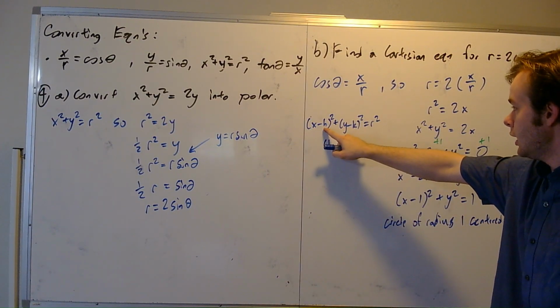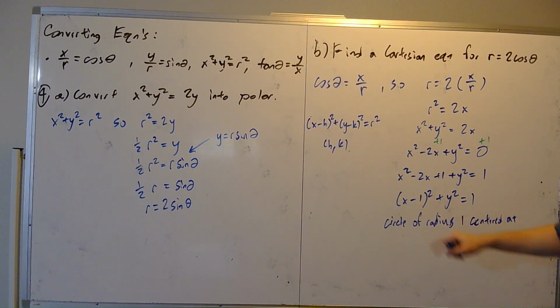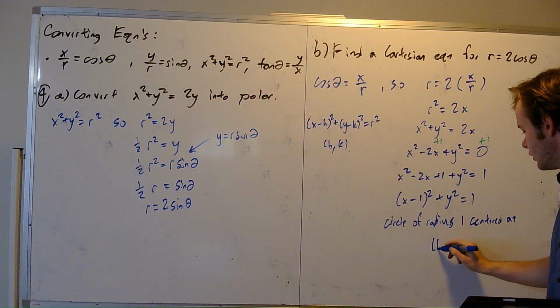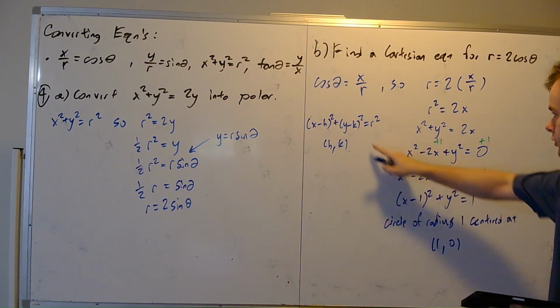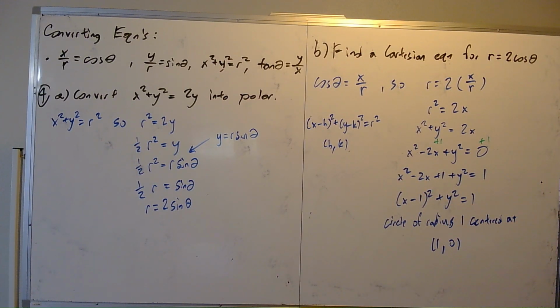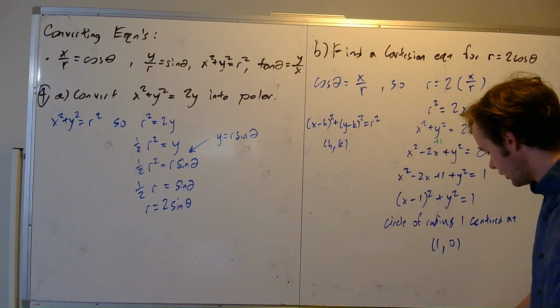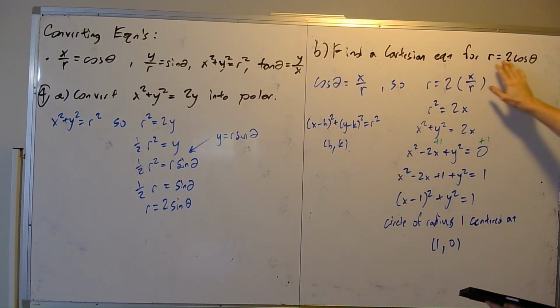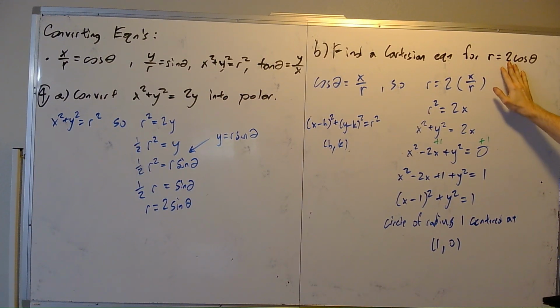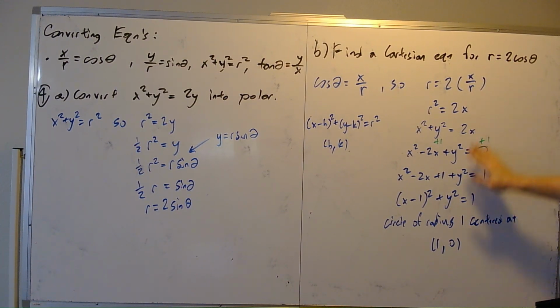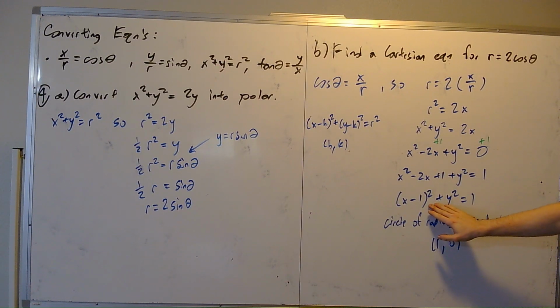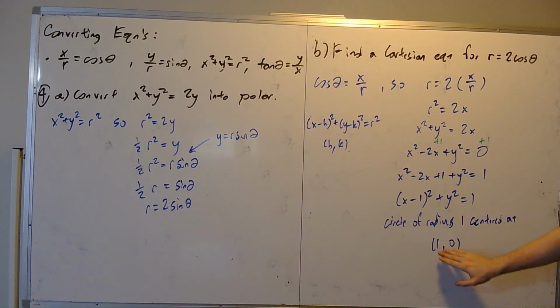So here h is actually equal to 1. So this is centered at 1, comma 0, because here k is 0. So this is the equation of a circle of radius 1 that's centered at 1, comma 0. Okay, so that's how we would start with an equation in polar coordinates and convert it to an equation in Cartesian coordinates. And now this equation, we notice, is a circle.